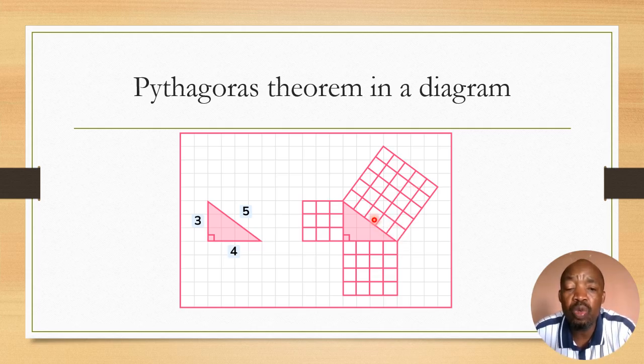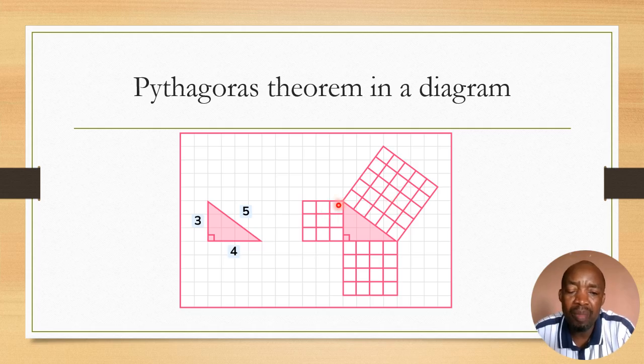It is 1, 2, 3, 4, 5, 6, 7, 8, 9, 10, 11, 12, 13, 14, 15, 16, 17, 18, 19, 20, 21, 22, 23, 24, 25. Now, if this theorem is correct, these squares plus these ones must actually give us 25.